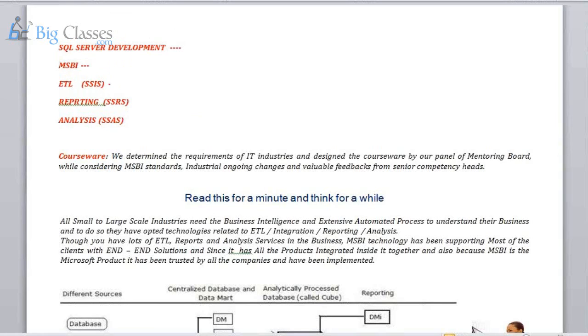There are a lot of other ETL tools in the market compared to SSIS, like Informatica, Ab Initio, Data Stage, BizTalk. But what is the advantage of going with SSIS? It is very highly implemented because of its product and because of its very low cost.